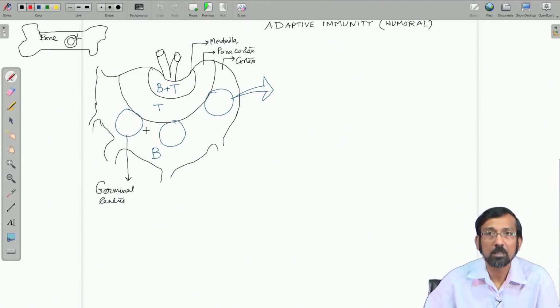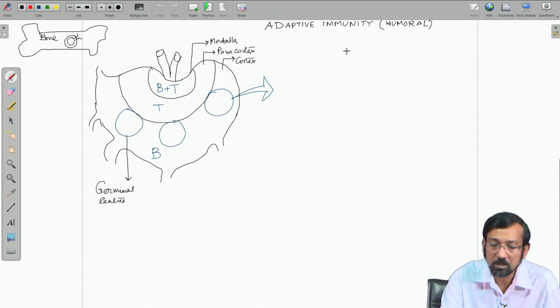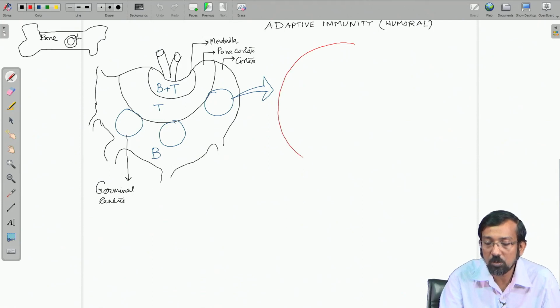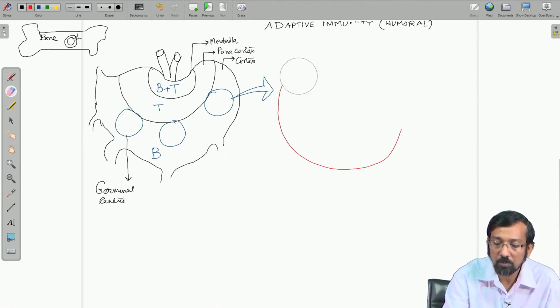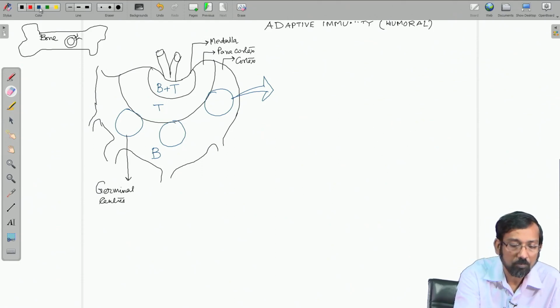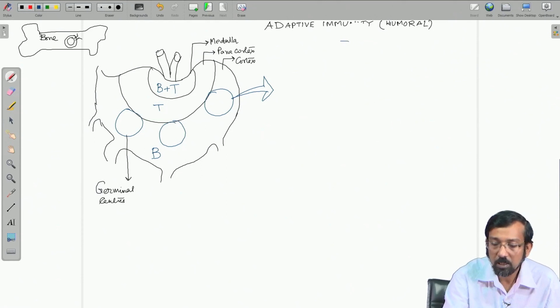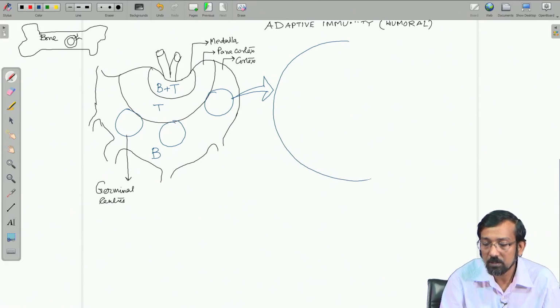Now, what happens in this germinal center? Let us magnify and have a closer look at it. Let us say this is the germinal center.